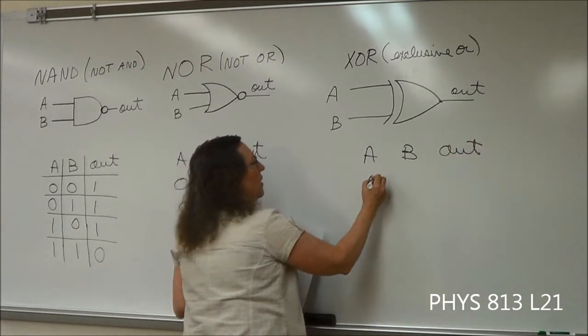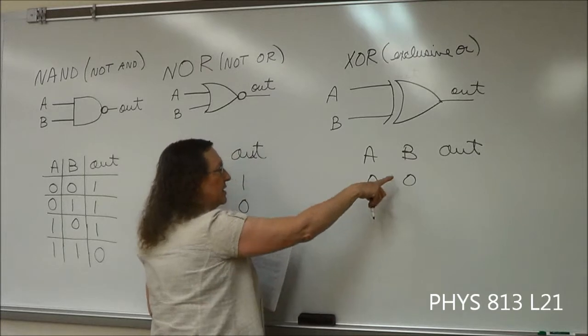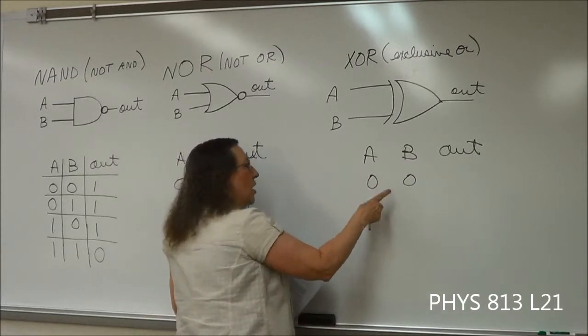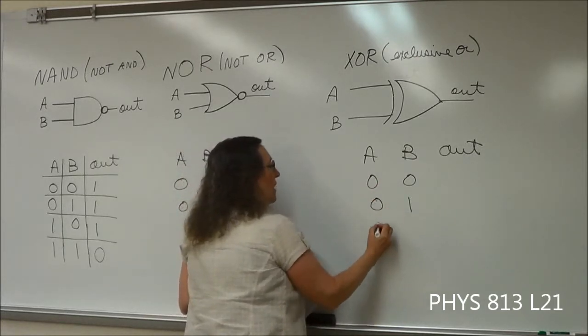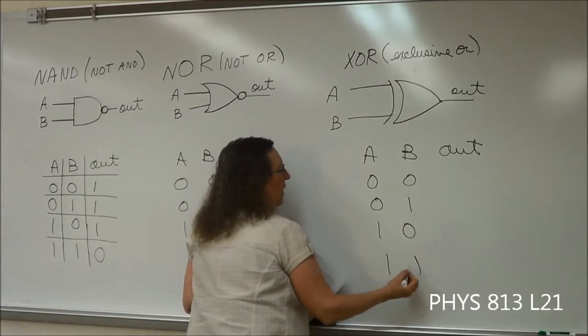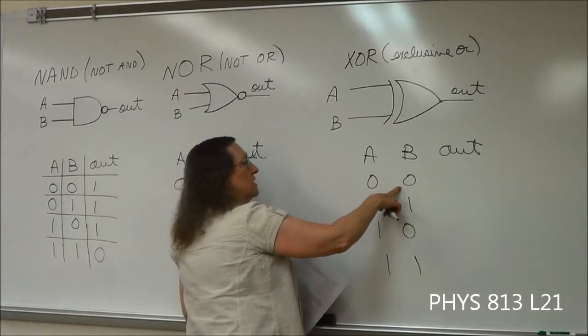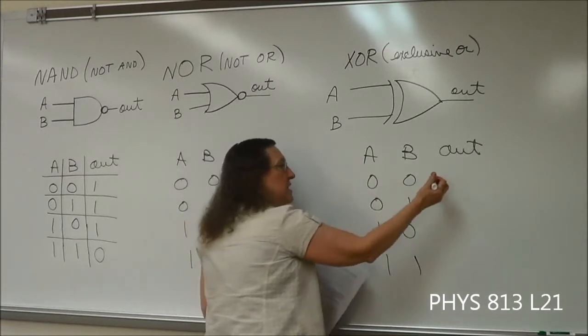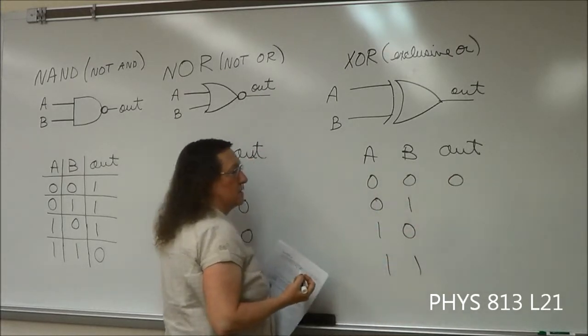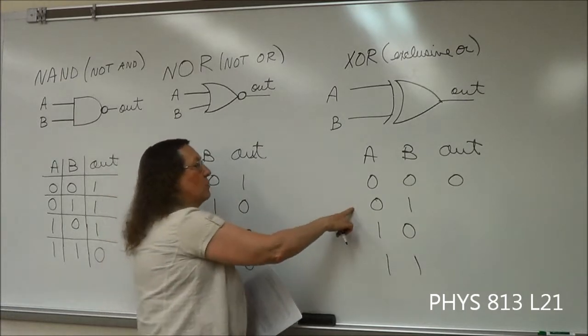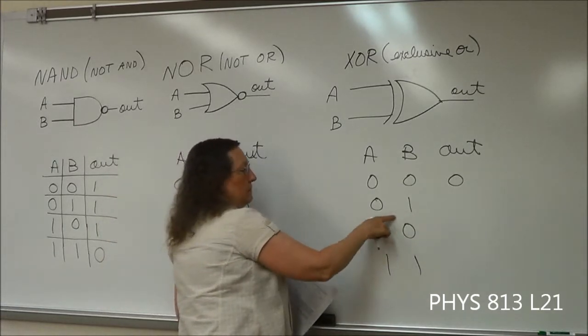We'll write our possibilities for the input. So it's always 0, 0, 0, 1, 1, 0, 1, 1. Okay? Now, with a 0, 0, we don't have anything, so we're still getting 0. 0 or 1.